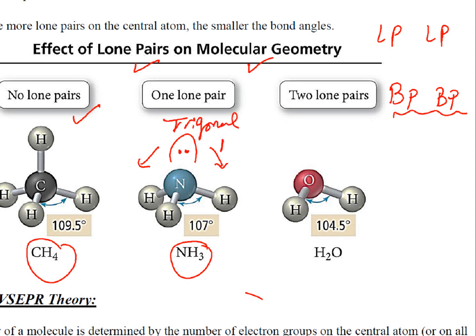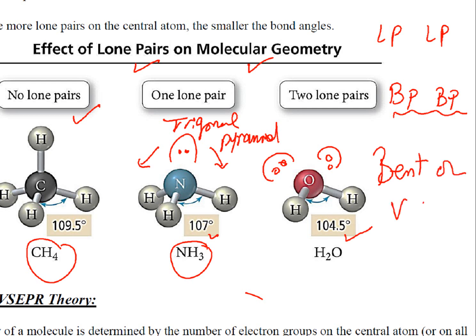While with the presence of 2 lone pairs, like in water, they are going to push the OH bonds closer. The bond angle here is 104, which is less than 107 here, and the shape of the molecule is bent or V shape.